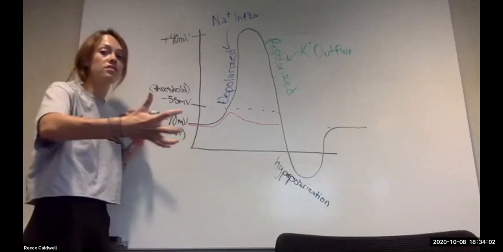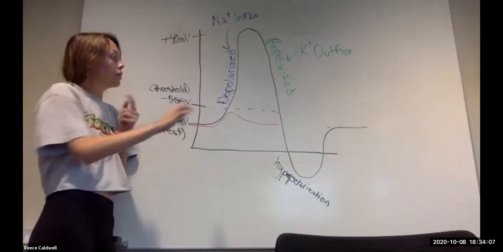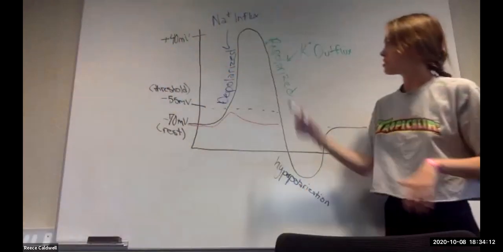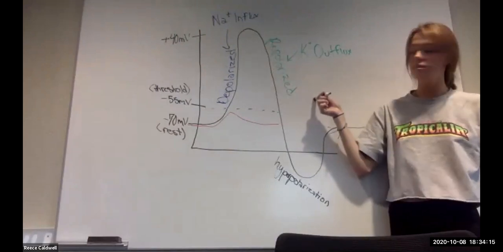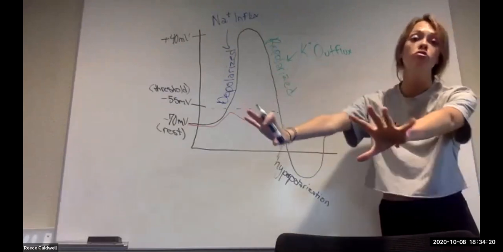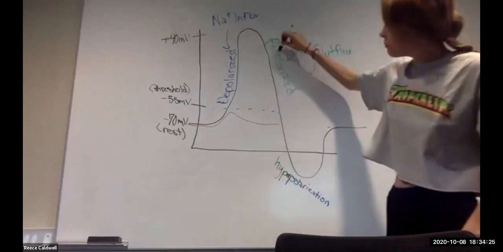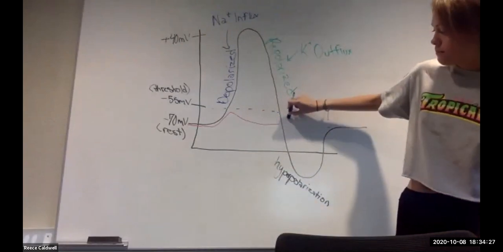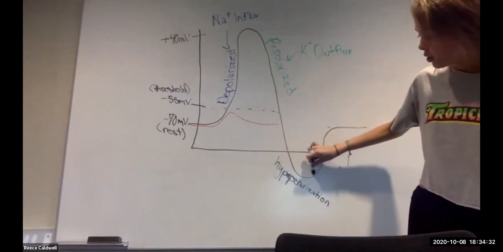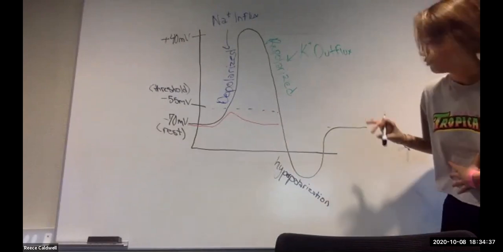So sodium flows into the cell, makes it more positive voltage-wise. Once we hit that positive 40 millivolts, the cell will be repolarized. It'll become more negative because potassium is flowing out of the cell, so we have a potassium outflux. And it'll repolarize back to rest, but sometimes the potassium will continue to outflow, will go into hyperpolarization, but eventually return to rest at negative 70 millivolts.